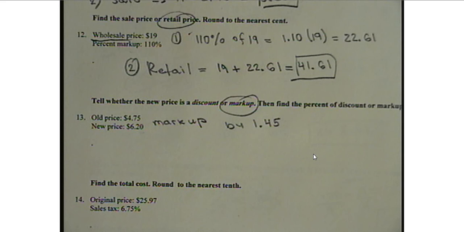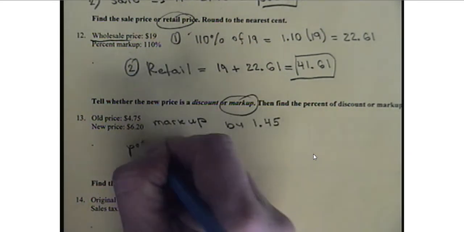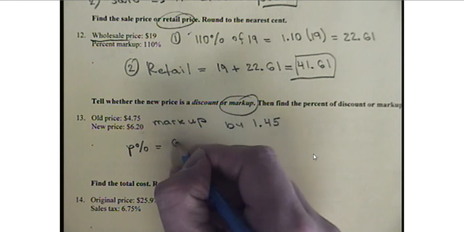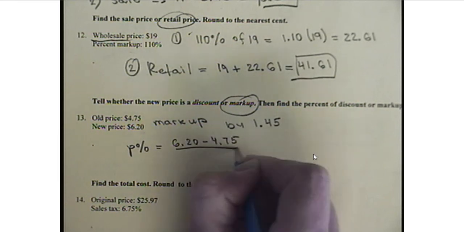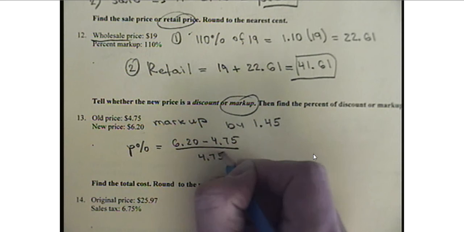So in order to find the percent of markup, what do you need to do? The percent of something could be found by 6.20 minus 4.75 over 4.75, the original one.